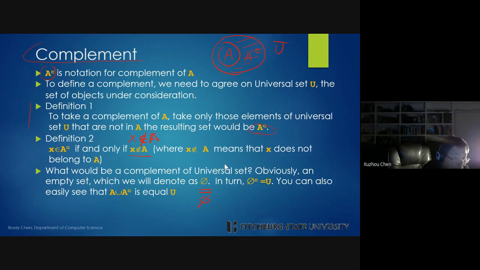The empty set is also defined as a set, so what is the complement of the empty set? The complement of the empty set is defined as U, because if A is the empty set, then everything in U is the complement of A, right? So we can define the relationship like this, or the complement of U is empty, either way.